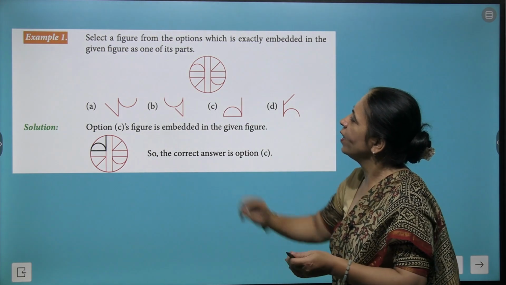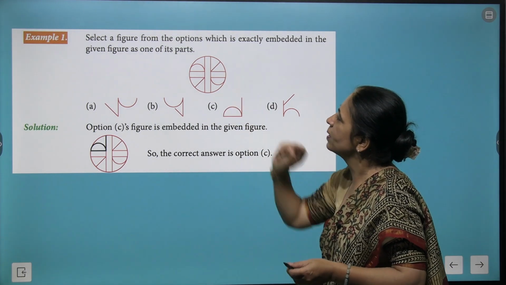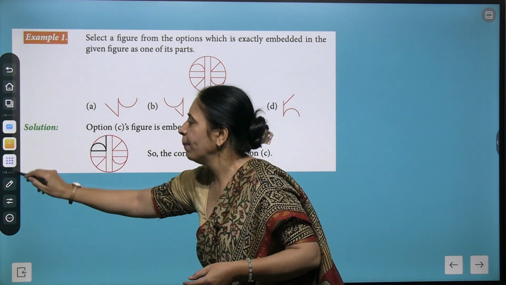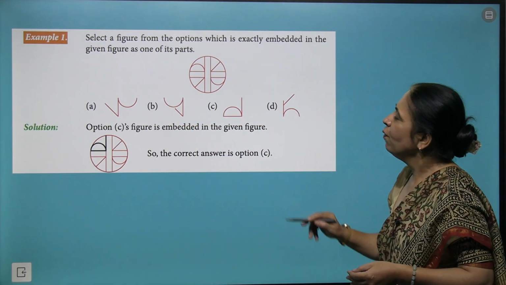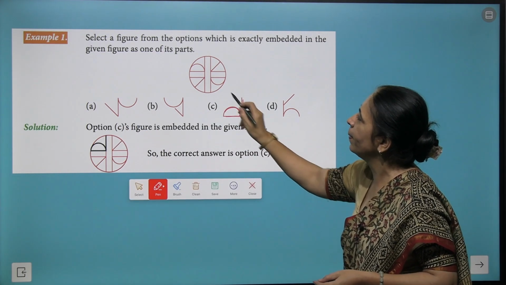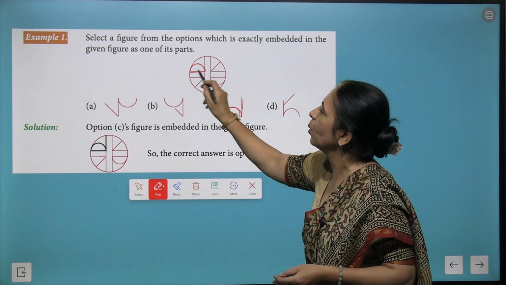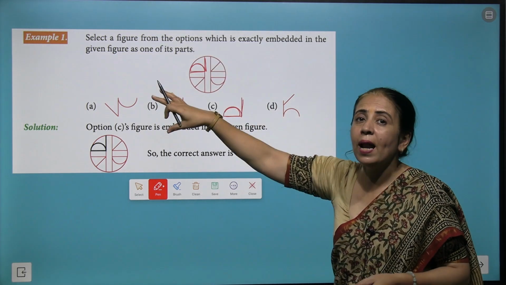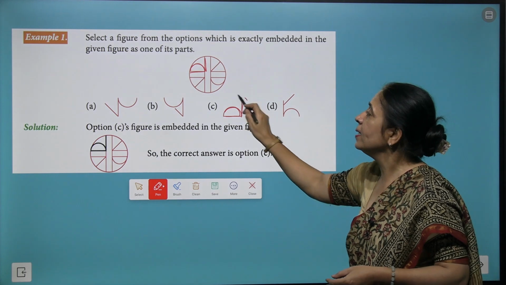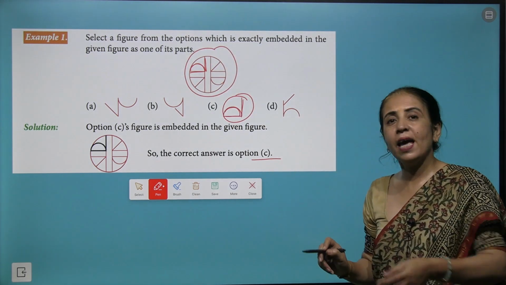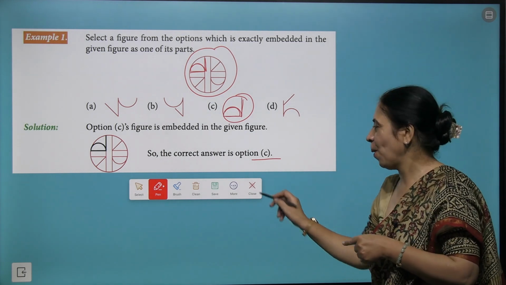We try to fit it and we observe again it is not fitting somewhere. Then coming to the third option, we observe that this third option is completely fitting at this location, right? So if you put it over here, it just overlaps it, and that means this part is embedded inside it, and we say C is the right option.